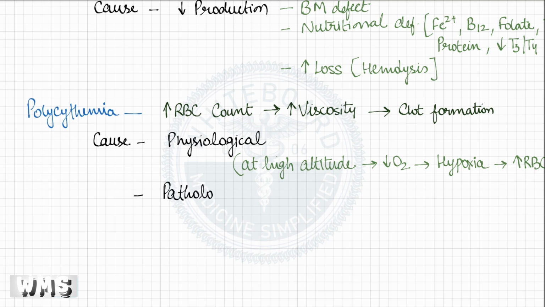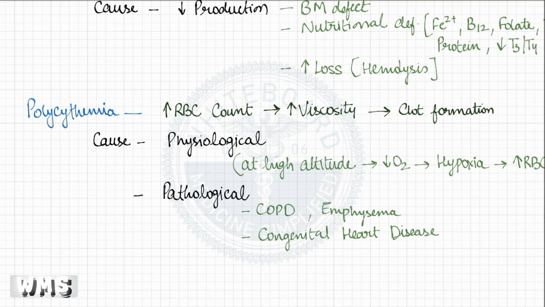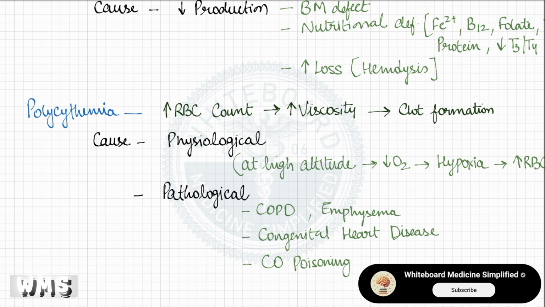Pathological polycythemia occurs when the body increases RBC production in response to chronic or persistent hypoxia. This is seen in COPD and emphysema, where diseased lungs cannot adequately oxygenate blood, in cyanotic congenital heart diseases, where deoxygenated blood mixes with arterial blood, and in carbon monoxide poisoning, where CO binds hemoglobin with much higher affinity than oxygen, reducing oxygen delivery.